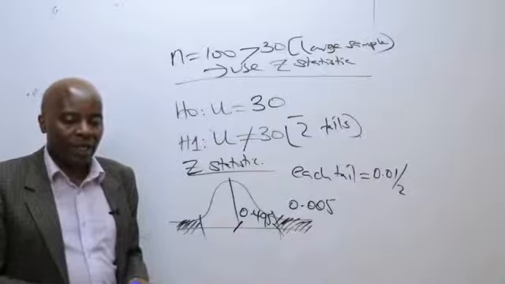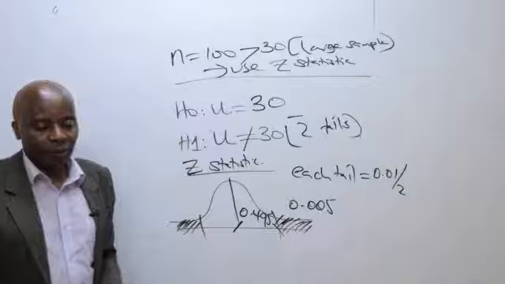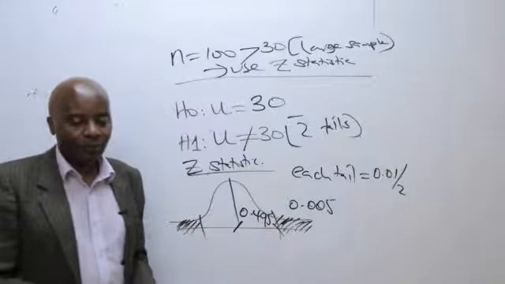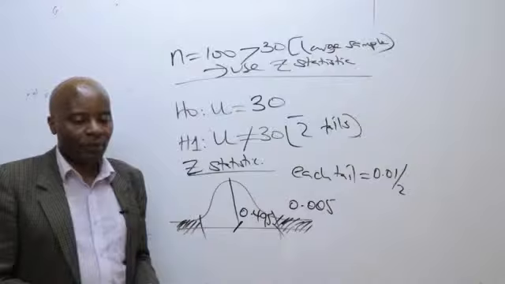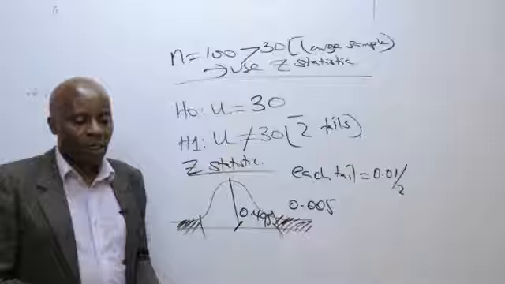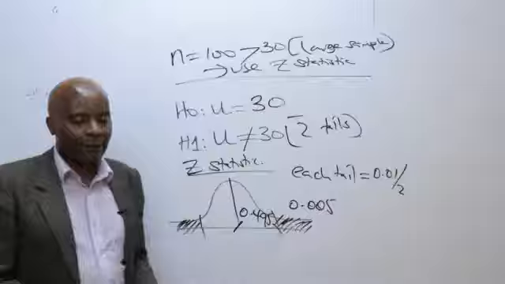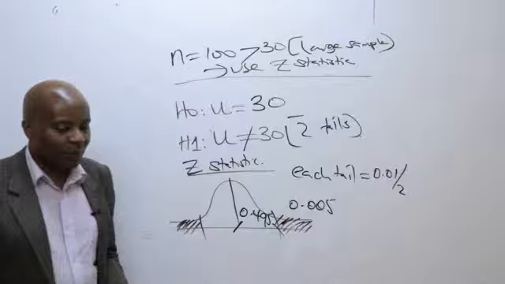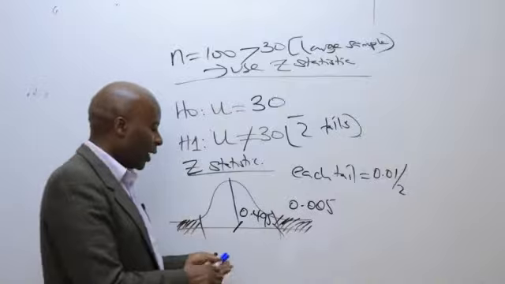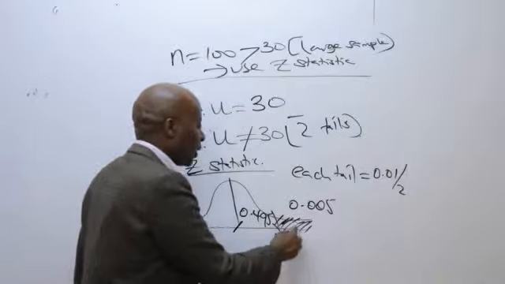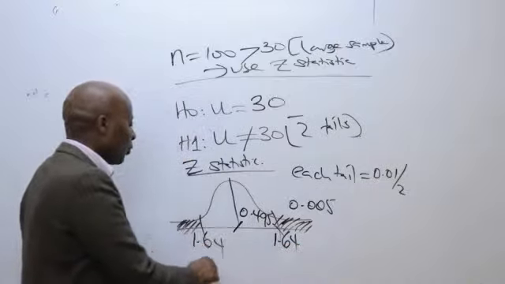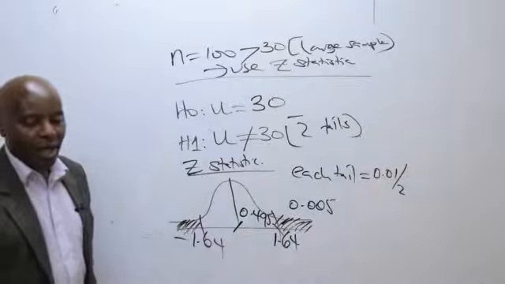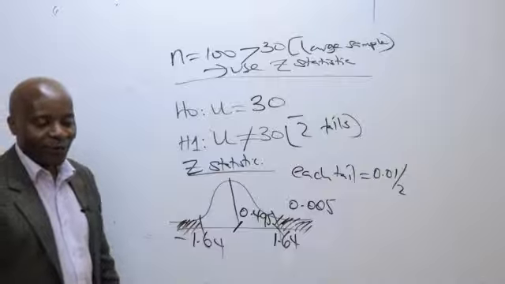Using the reverse gear, Loci tells me 1.64. So we have 1.64, and because there are two tails, this other tail will be negative 1.64.